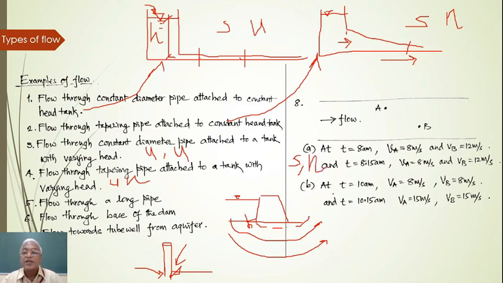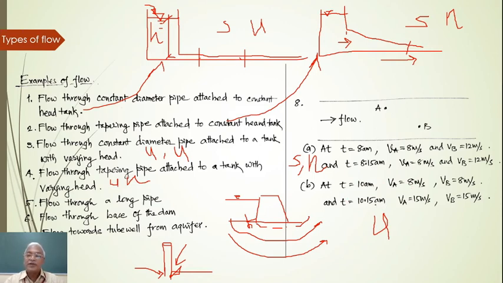Second case, case B, at t equal to 10 am, VA is 8, VB is 8. At t equal to 10:15, VA is 15, VB is also 15. Now with respect to time, if you see, there is a change. So it is unsteady flow, first part. At a particular instant of time A is 8, B is also 8.